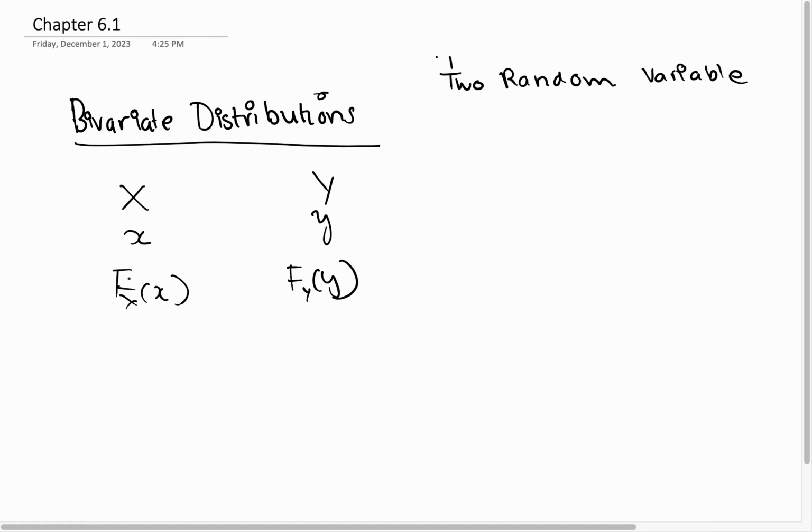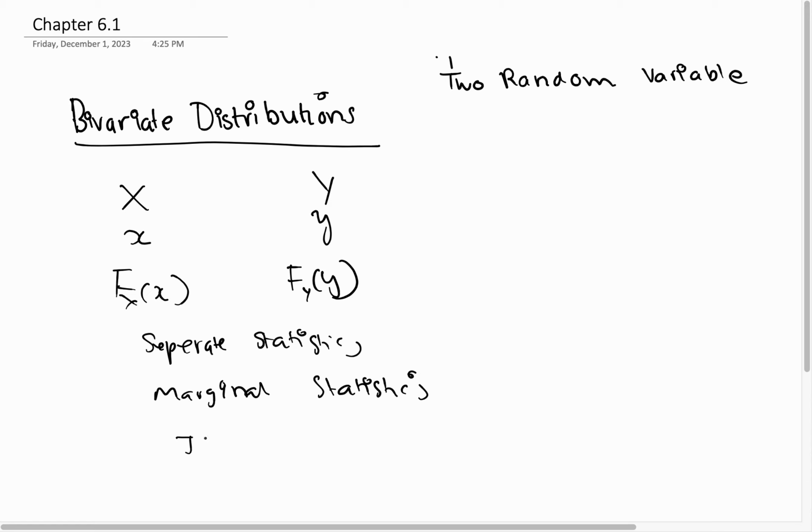We only considered their separate statistics, or marginal statistics, that is F of x separately or F of y separately, but we were never concerned about their joint statistics.